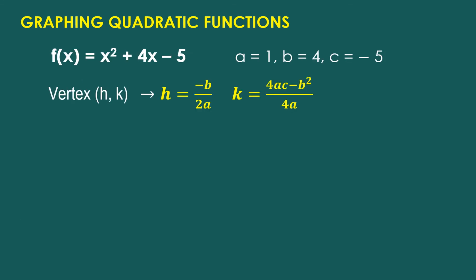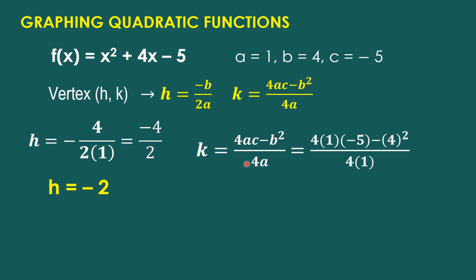Next is to find the vertex of the quadratic function. Again, the vertex can be found using the formula h equals negative b over 2a and k equals 4ac minus b squared over 4a. When you substitute, h is equal to negative 4 over 2 times 1 equals negative 4 over 2, and therefore h is equal to negative 2. Then, to find k, you just need to substitute to the formula.